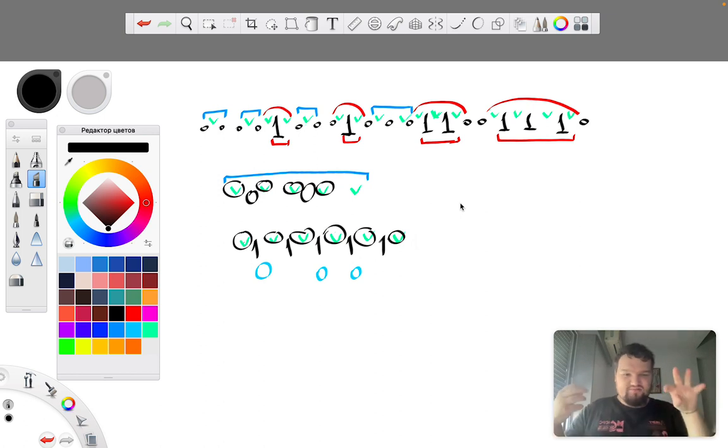Start by removing 2 while we can, while we have them, or while we have the operations. I mean, both. And then find the groups.